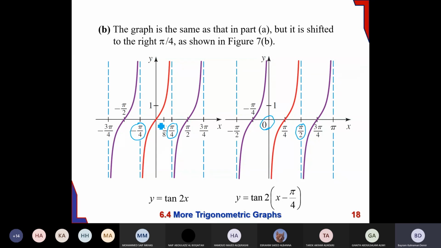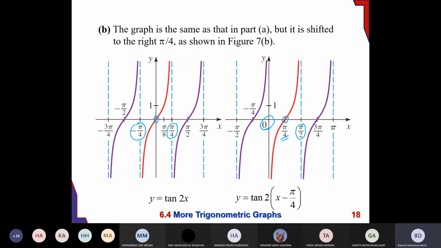And also the x-intercept. What was the x-intercept here? 0. 0 plus pi over 4, so now you have an x-intercept at pi over 4. So you have to do the same thing for every number on the tangent of 2x to get the image of the shifted graph.